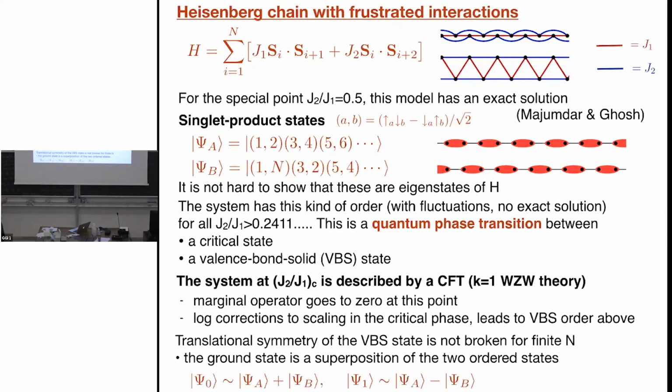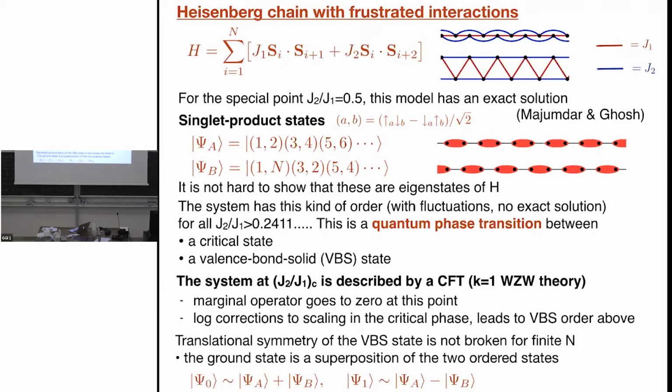So one interesting thing: this is an example of translational symmetry breaking, right? If you take a finite system at this point, these are both degenerate, so any superposition of them is also degenerate. If you go a little bit away from this point but still in that phase, then you have two ground states, but they are not exactly degenerate anymore, though they do become degenerate in the thermodynamic limit.